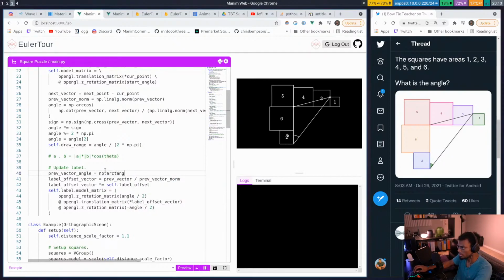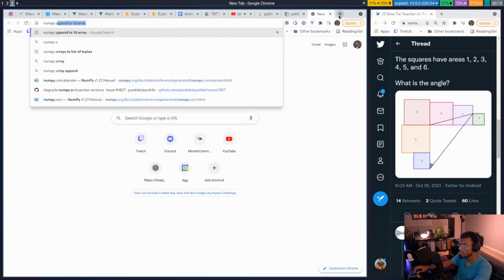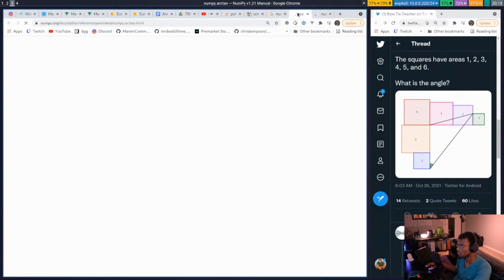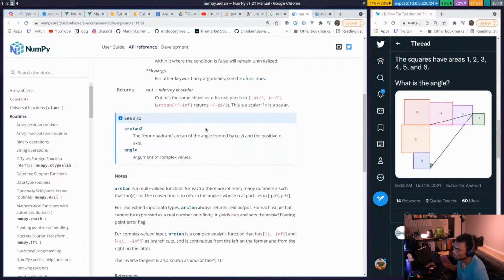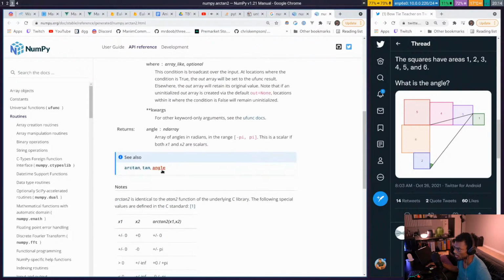Do arctan. I think you're supposed to use atan or something. There's all these small things. Arctan2 is the four-quadrant arctan. What's atan2? Or did I make that up?